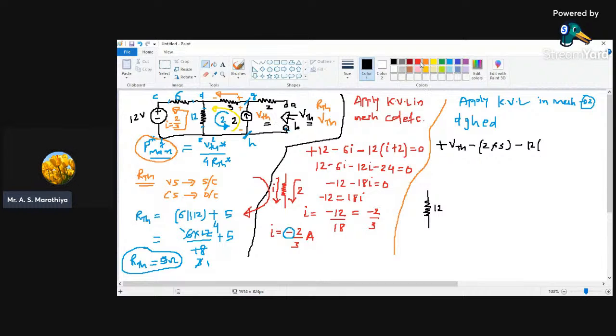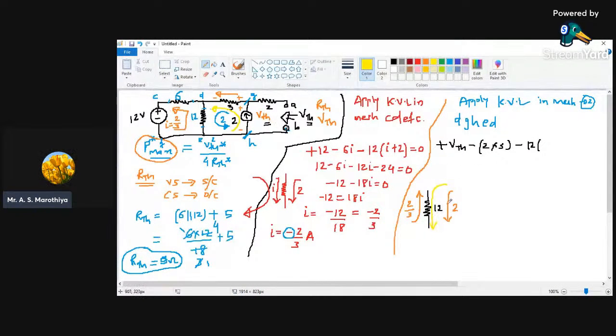On one side we have a current in the upward direction and the magnitude is 2 by 3 ampere. On the other hand, we have a current of 2 ampere in the downward direction, and we are reading this circuit in the clockwise sense, that means in this particular sense.